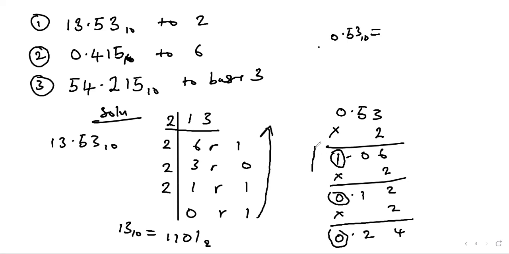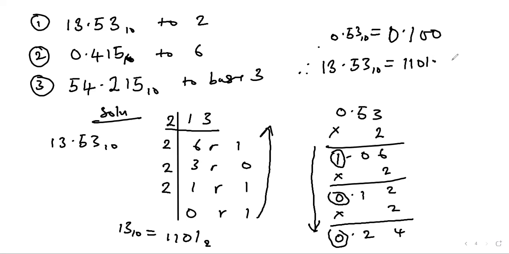You read it from top down. It is equivalent to 0.100. So therefore, 13.53 base 10 equals what? The whole number part is 1101, so 1101.100 base 2. If you got that, that means you are in line with what we are doing.